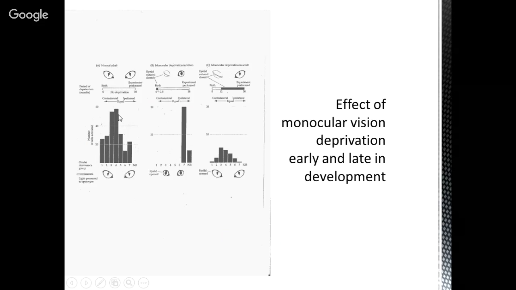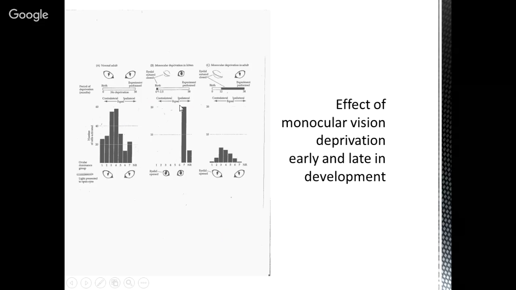Responding to both would be 4. You respond equally to inputs from either eye. So this is a normal cat, and there are significant numbers of neurons that respond to both eyes. In layer 4, obviously that's different, but this is the whole cortex.